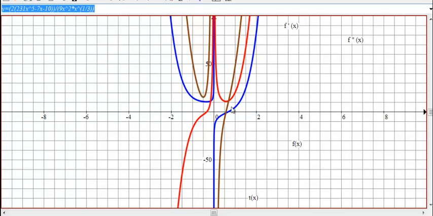That should be the second derivative, and we've been doing purple for it.